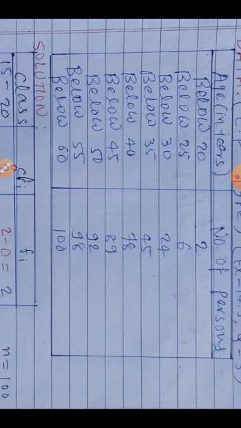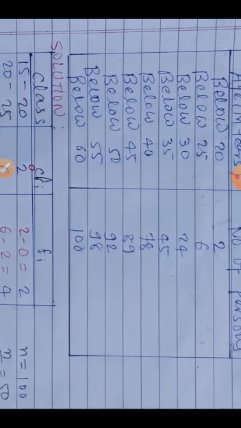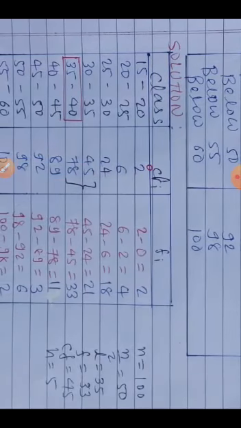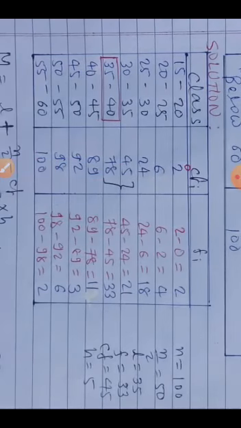Here the words less than or below are used, that's why the whole column 20, 25, 30, 35 is written in the upper boundary. After finishing the upper boundary, you can easily complete the lower boundary. That is very simple, because the first class ends at 20, so obviously the second class starts from 20. If the second class ends at 25, then the third class starts from 25. This way you can find the lower boundary.